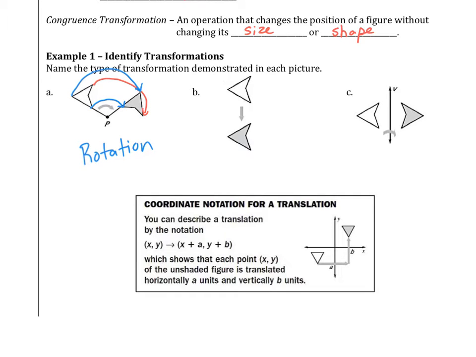Part B, every point is slid down, and this point is also slid straight down. This would be a translation. And then part C, you see that vertical line, line V. Everything is being flipped like the page of a book. This is a reflection.